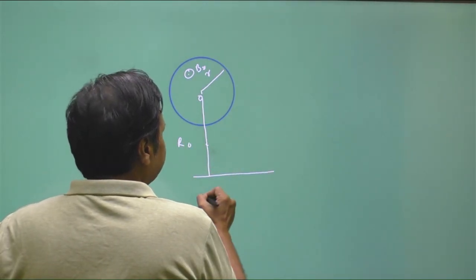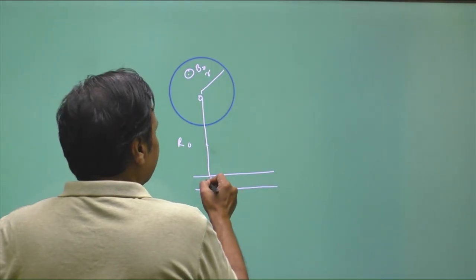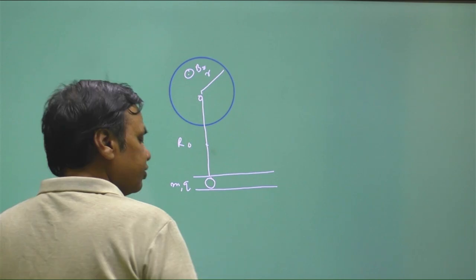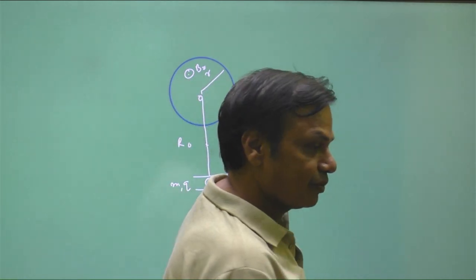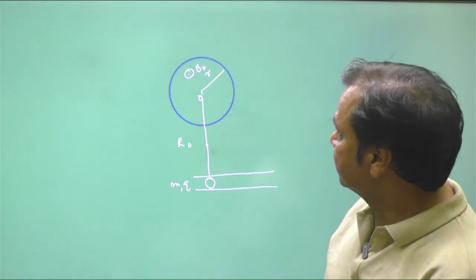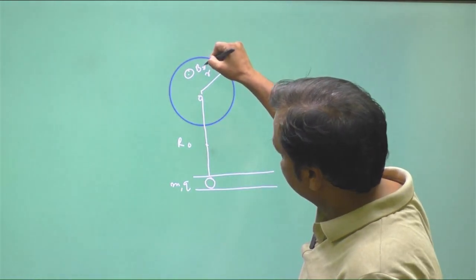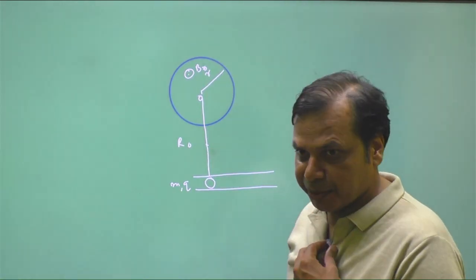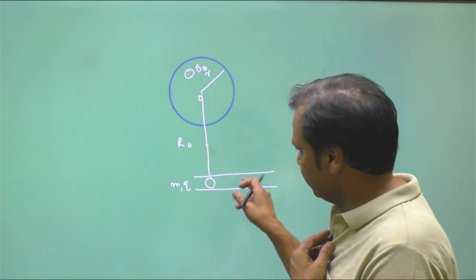This distance was r naught, and inside a tube a sphere of mass m and charge q was placed. The magnetic field decreases very quickly, B naught to 0 in no time.